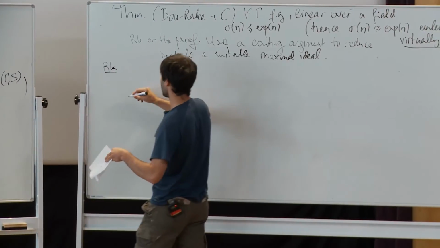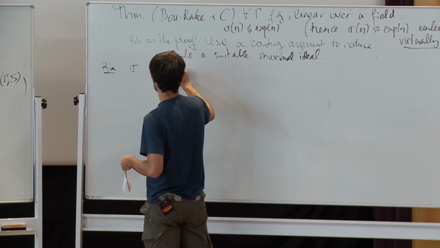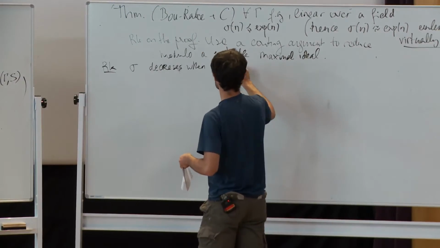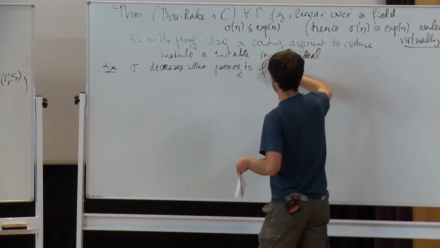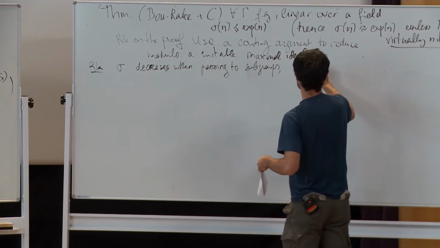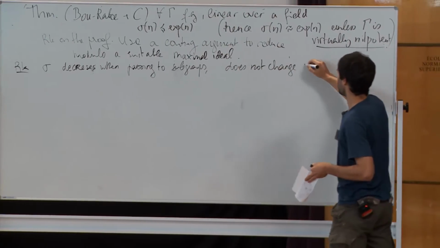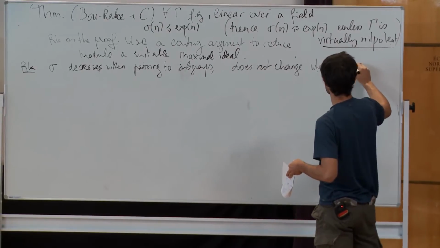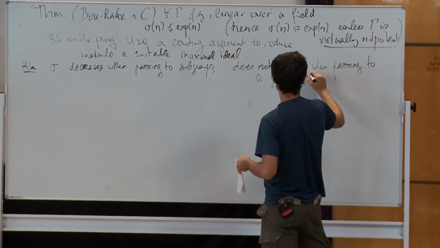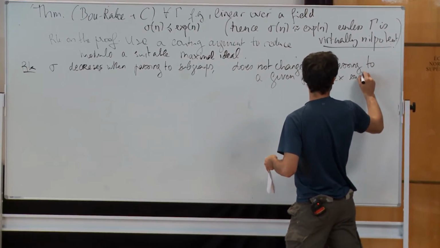And a remark I should have said at the beginning: sigma decreases, in a large sense, when passing to subgroups, and it does not change, up to asymptotic behavior, when passing to a given finite index subgroup.